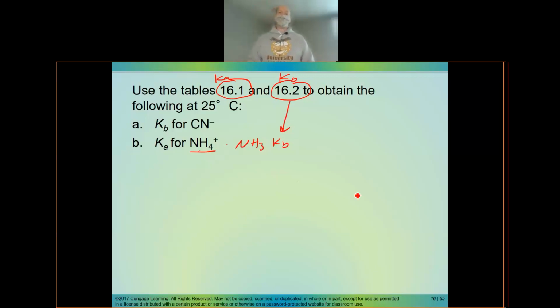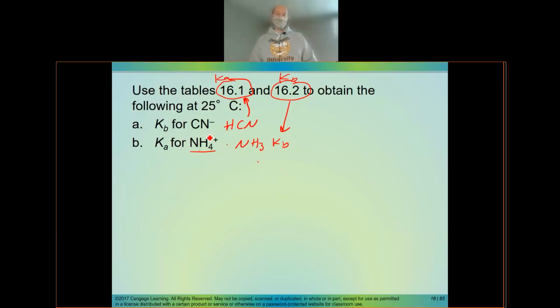Same with your CN-. If you go to the Kb table for CN-, it is not there. There is no Kb listed for CN-. If we go to the Ka table, we see its conjugate acid, HCN, is listed in table 16.1. So we actually have to calculate the Kb for CN-.